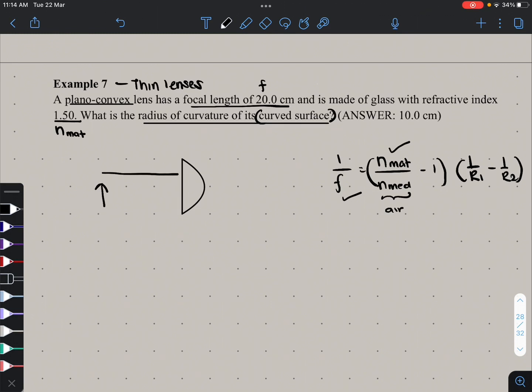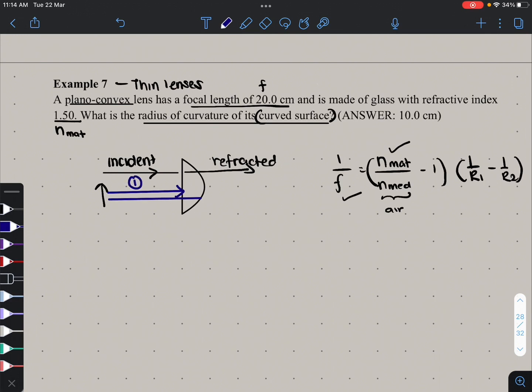We will have an incident ray in front of the lens, and then a refracted ray behind the lens. This is the refracted ray. The first surface that the incident ray is going to encounter is the flat surface. This is our first surface.